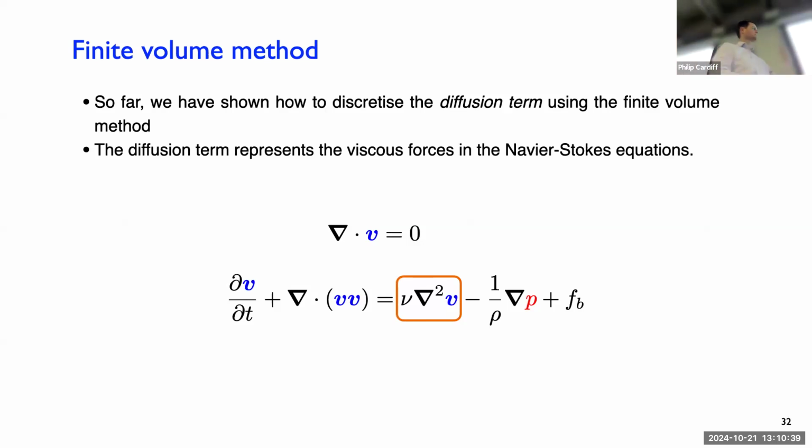So far what we looked at for the finite volume method is this diffusion term. If we just let all the other terms equal 0, this velocity here could have represented temperature or something else. So we have actually covered how to discretize this particular term and how Fluent might do it. This represents the viscous stresses, if you remember from previous lectures.